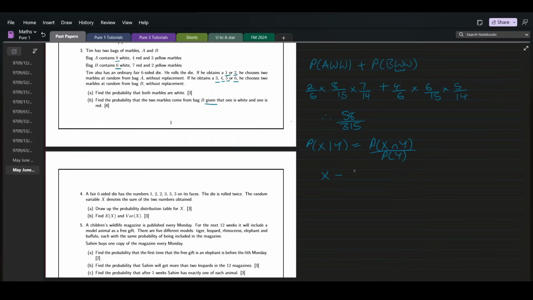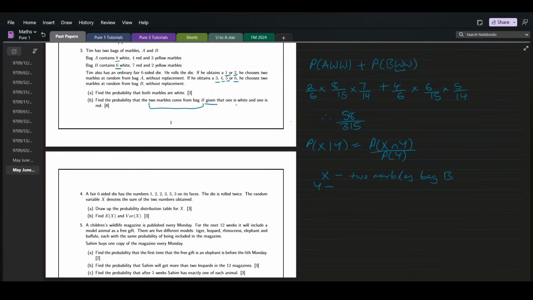X is the event that the 2 marbles come from bag B, that's event X.